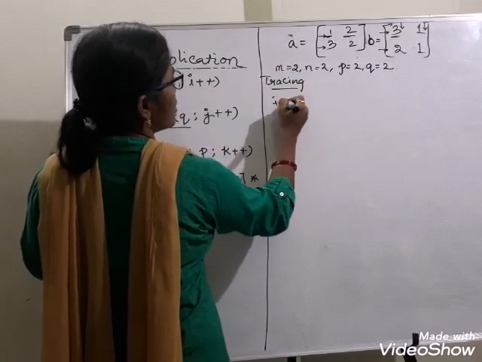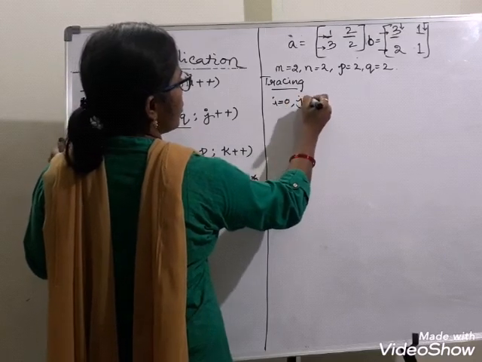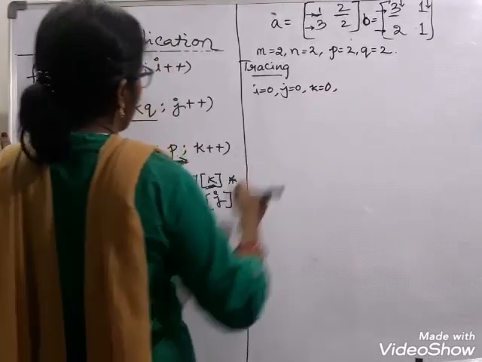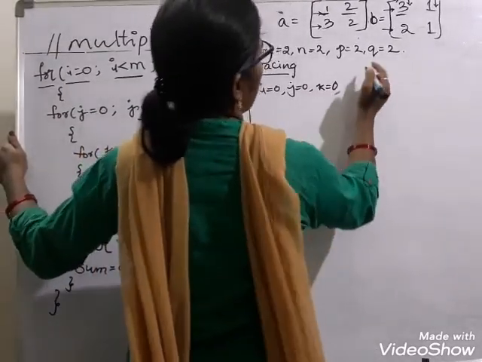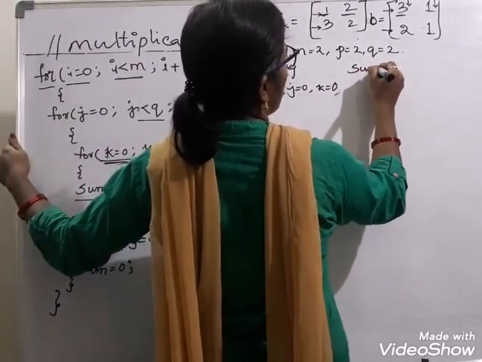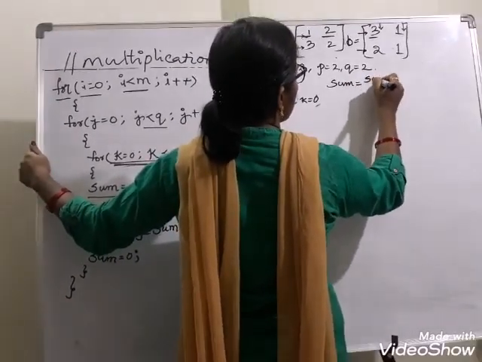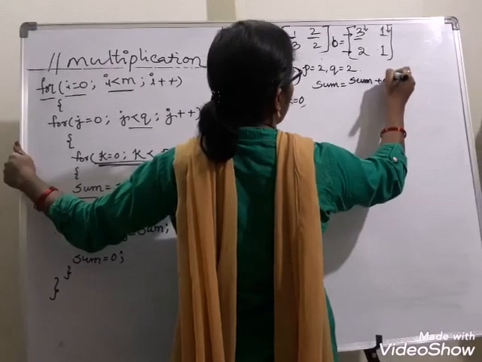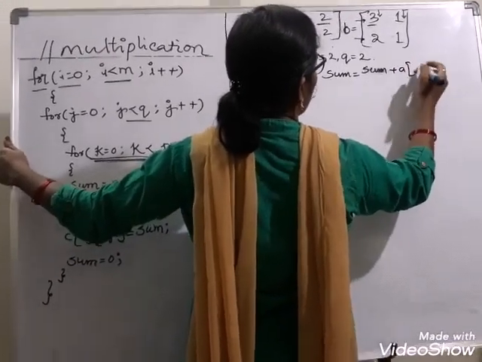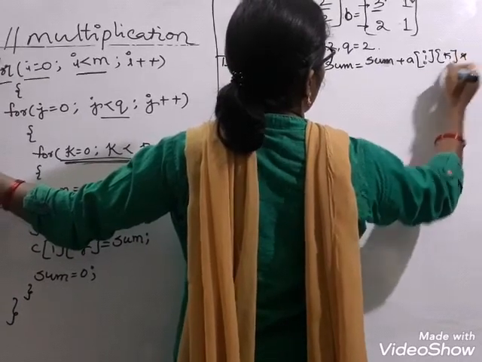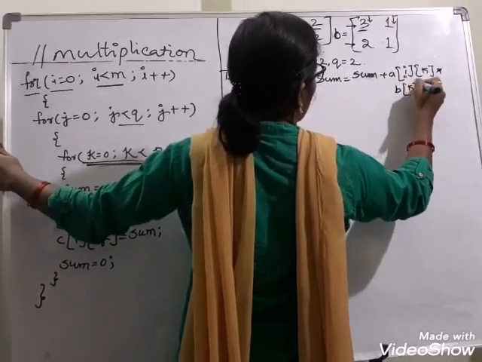So for tracing, for i equals 0, j equals 0, and your k value is also 0. So what you are doing: your sum is already 0, so sum plus, for once I am writing it, a[i][k] into b[k][j].